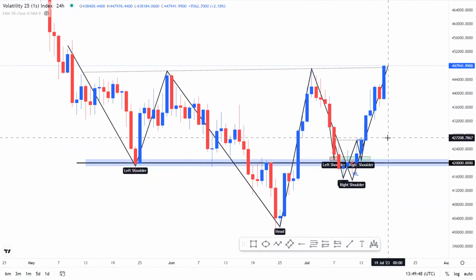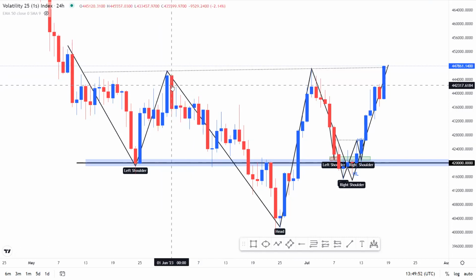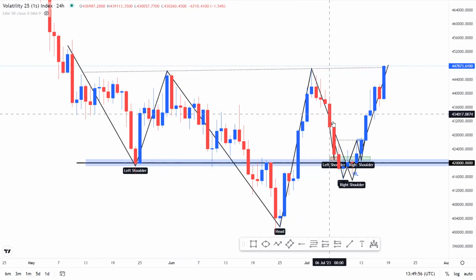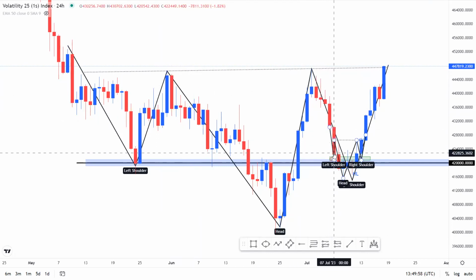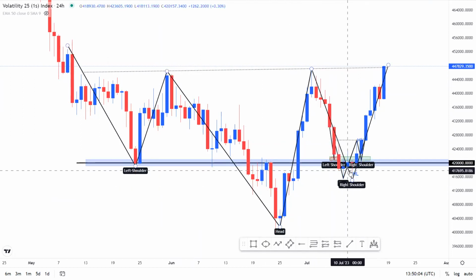So you can see, even on the daily time frame, we had ourselves a nice reversal chart pattern where we had the price retest come right into our area of interest, which is also the potential right shoulder.